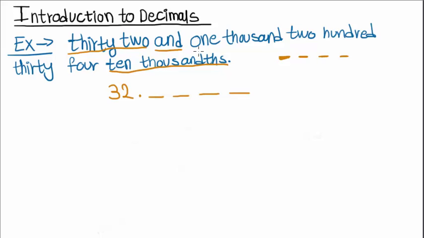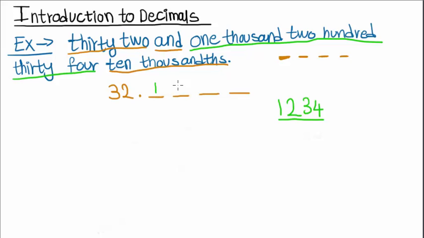So what we need to do is convert 1,234 into a number. The 1,000 tells me that I have 1 in the thousands place. The 200 tells me that I have a 2 in the hundreds place. And the 34 tells me that the last 2 numbers will be 3 and 4. So all I need to do is put these 4 numbers into these 4 respective blanks.